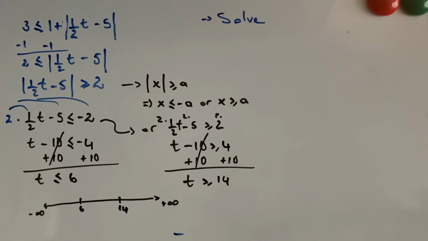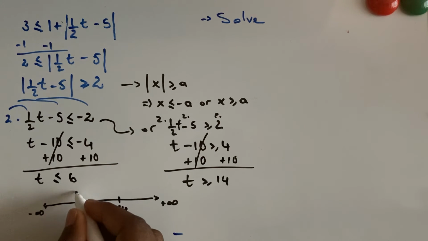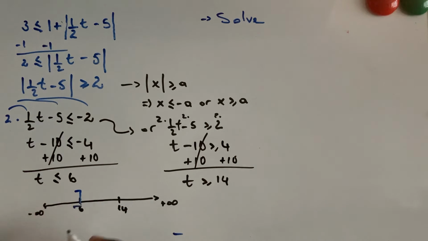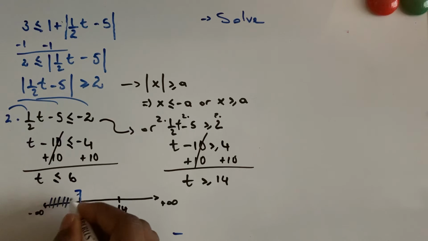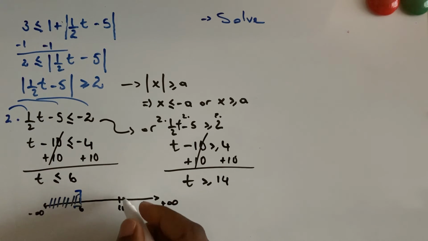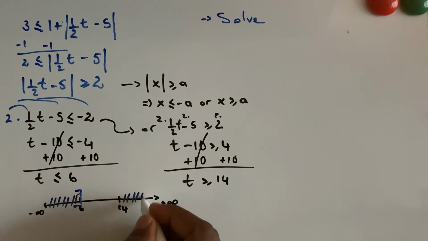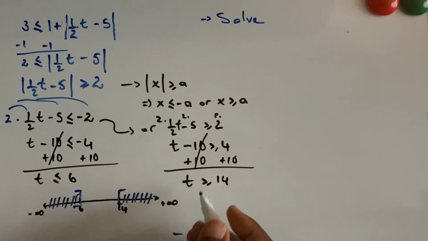Now remember that in picking the solution, you have t less than or equal to 6. Less than or equal means I'm going to use a bracket. So the solution is on the left here. For t greater than or equal to 14, the solution is right here, and again use a bracket, because it's greater than or equal.